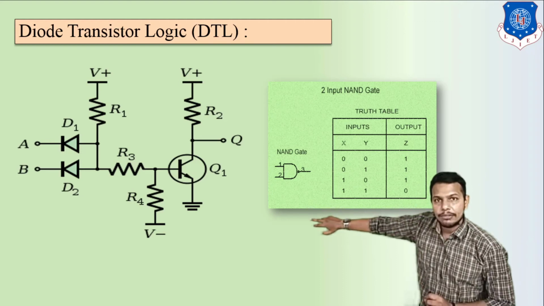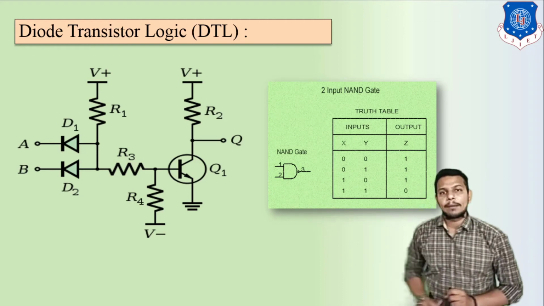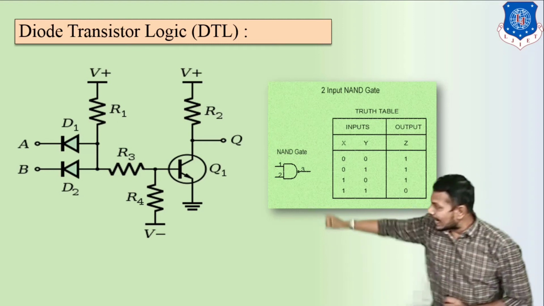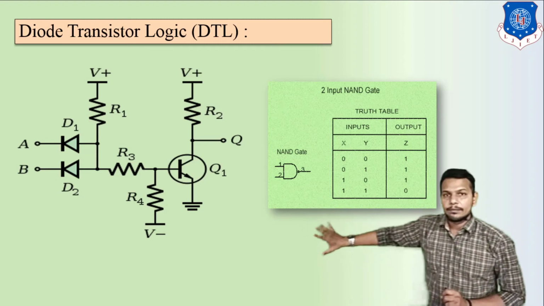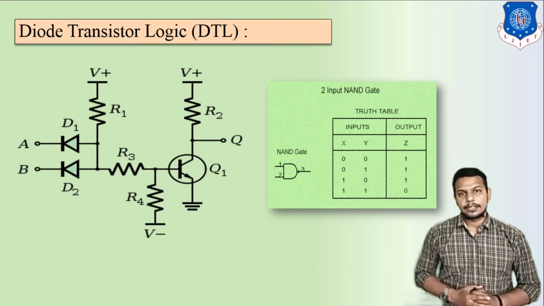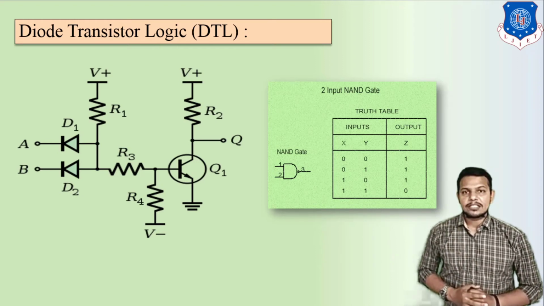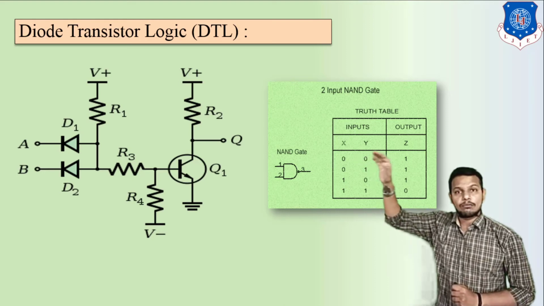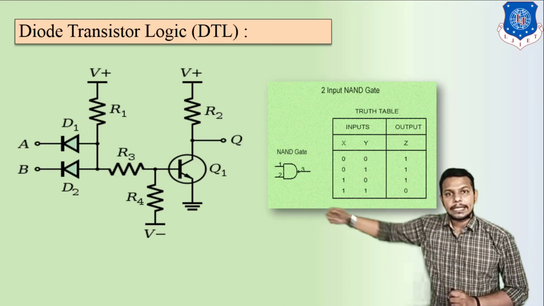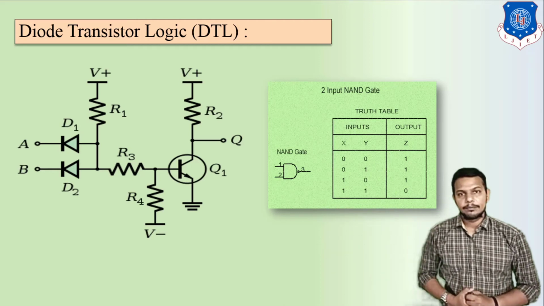A and B, we can see here, if I apply 0 0, 0 1 and 1 0 at the A and B side, then one diode will be short circuited. That means your plus VCC's voltage provides current directly to the A or B side.